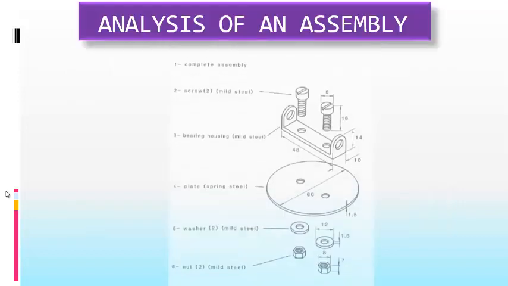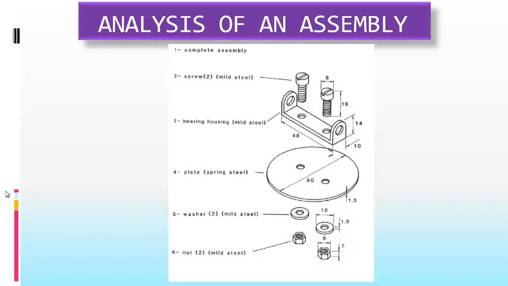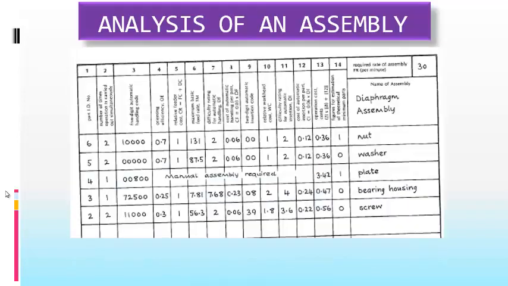If you go back to the drawing: screw, bearing housing, plate, washer, nut, and diaphragm as the full assembly. Actually, number 1 is the diaphragm full assembly, and it hasn't been written down here.